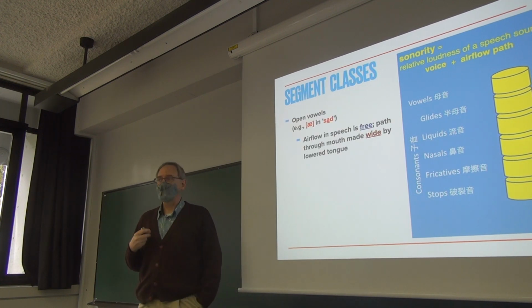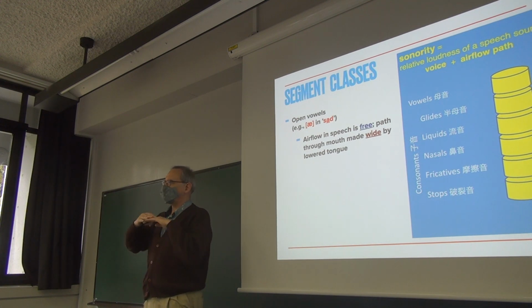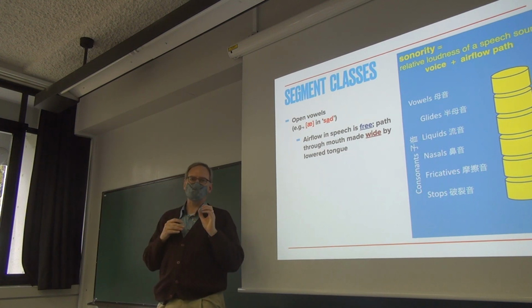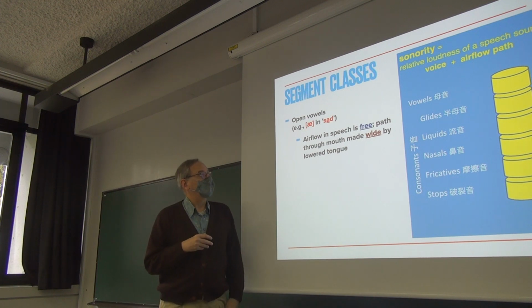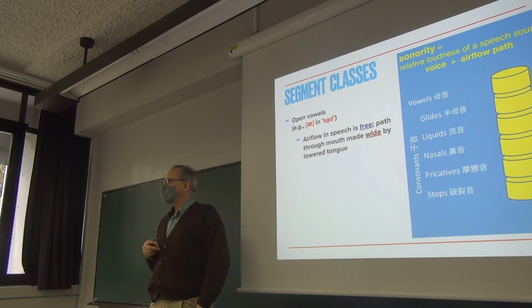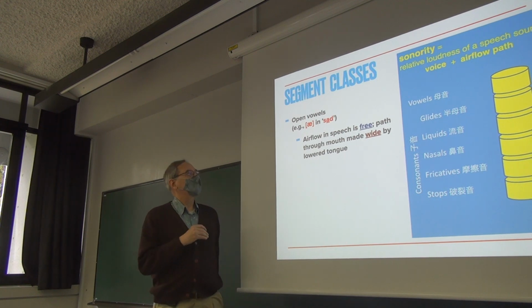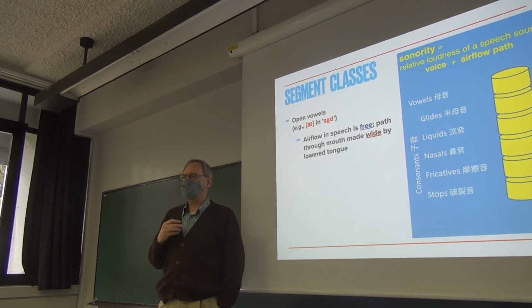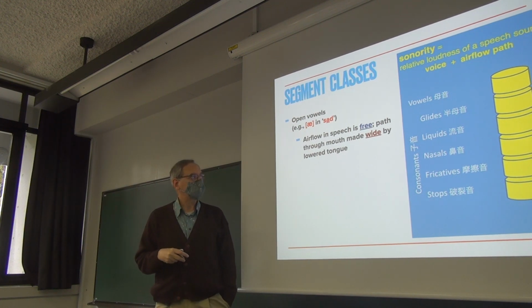And we saw the open vowels are vowels created with a very wide airflow path. And today we'll study in more detail the difference between open and close vowels. The A in sad, right, is a very open vowel. Airflow in speech is free, so it's unobstructed. It's not blocked. It freely passes through the mouth.